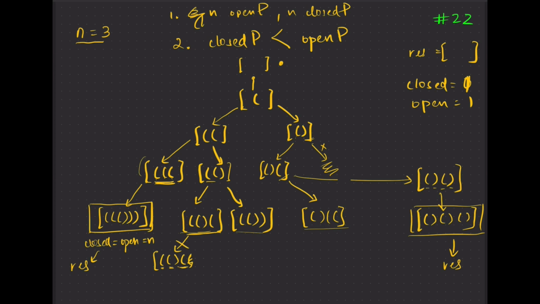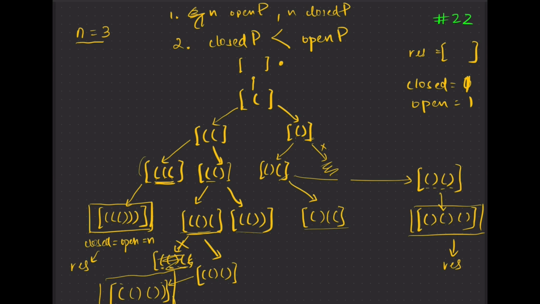So this path is not possible. Okay, so the only single path for this is open, open, close, right? And from this point onwards, the only way out from here is open, open, close, open, close, open. So just matching these two brackets, and that's our third solution, right?